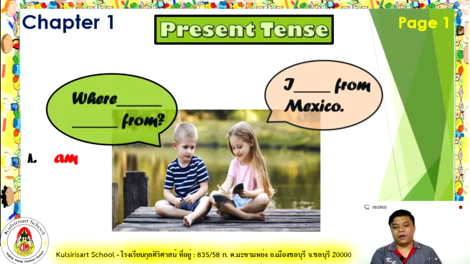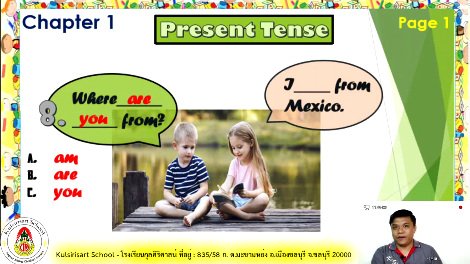Okay, for numbers 7, 8, and 9. Look at your items. Number 7: Where blank blank from? What do you think is the question? Correct. Where are you from? Number 8, the answer is you. What will be your answer?